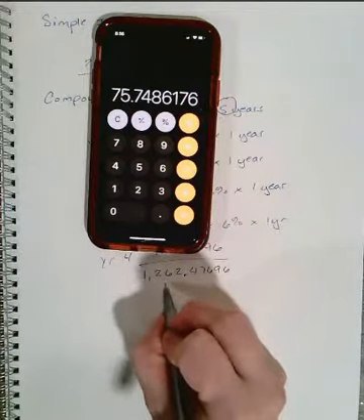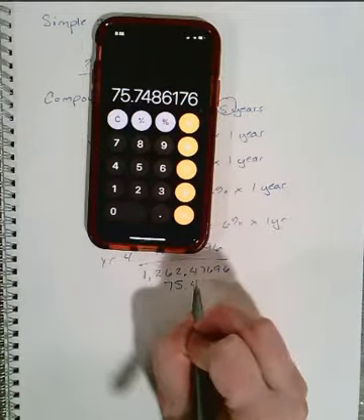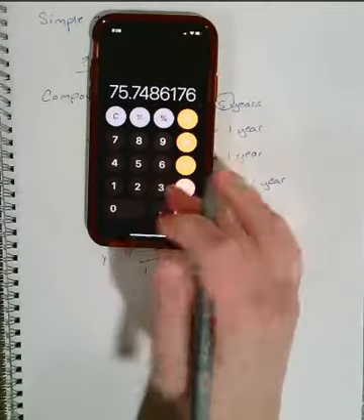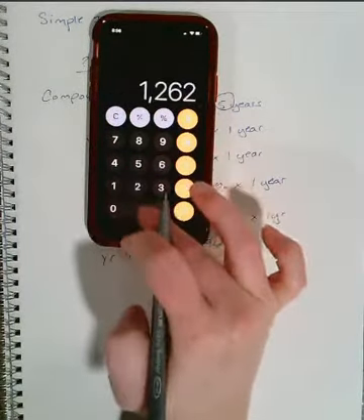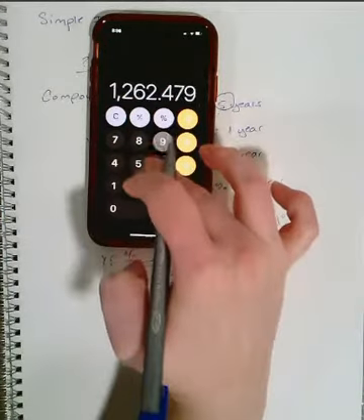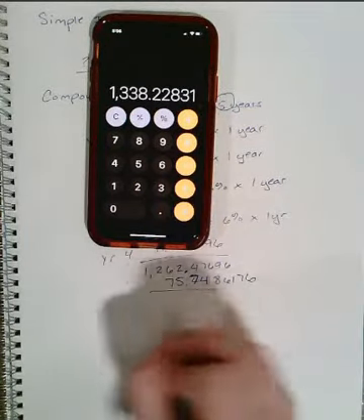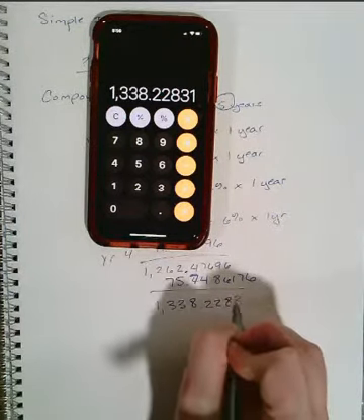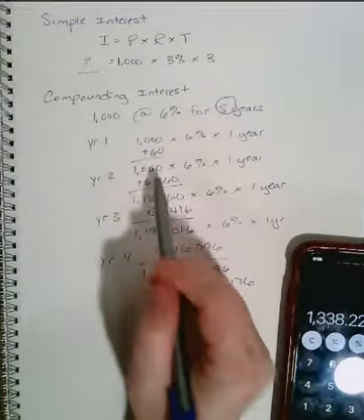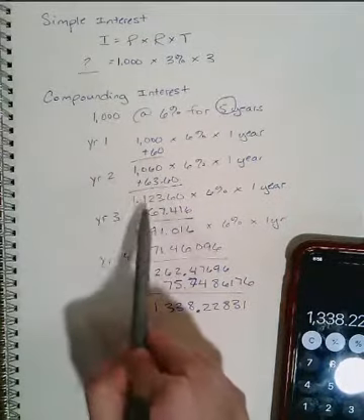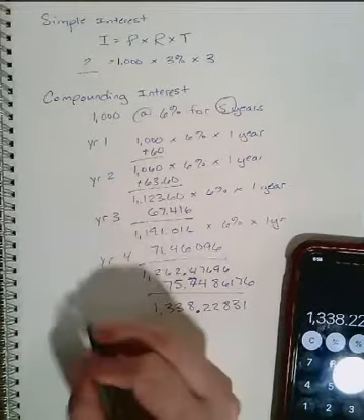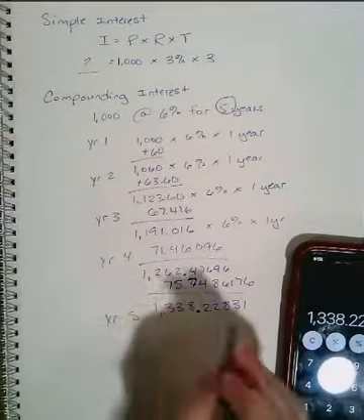So our final interest is 75.7486176, plus 1,262.47696. All right, 1,338.22831. Okay. So this was the end of year 1, the end of year 2, end of year 3, end of year 4, and this is year 5.